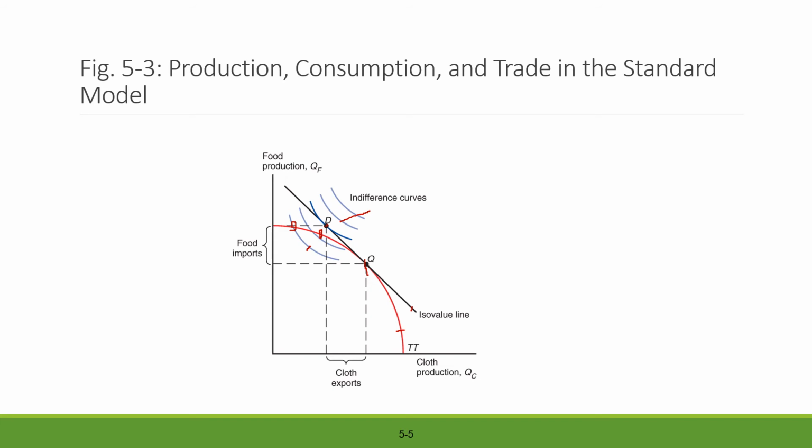So if you look at it carefully, point D is greater than our capabilities to produce. We are consuming more than we can produce. So this is the benefit of international trade. It allows us to consume goods of more value than we can produce.